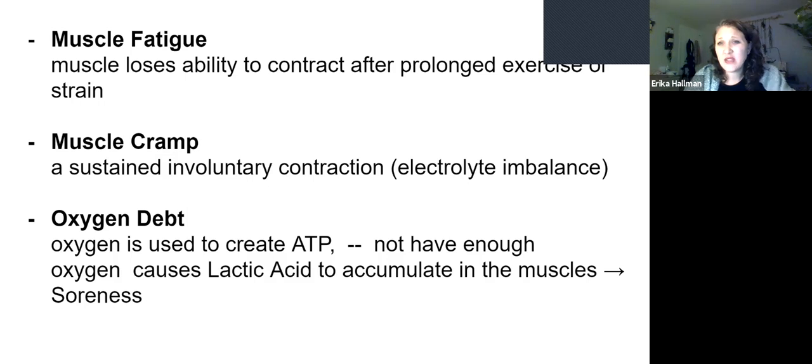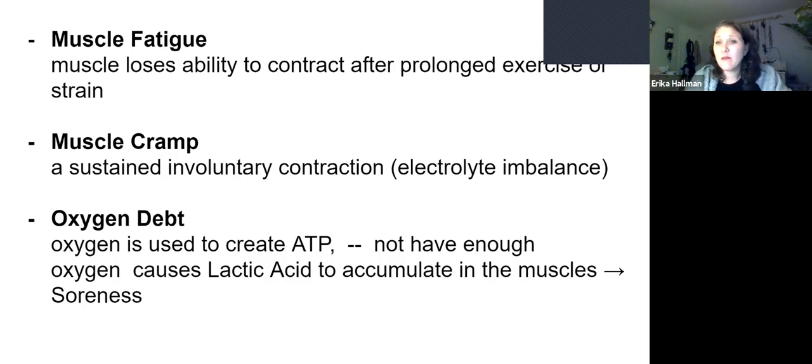When you run out of glucose that's stored in your muscles in the form of glycogen, you're no longer going to have that key ingredient, that key carbohydrate you need to break down for energy. So your muscles aren't going to have as many ATPs available and they're going to feel more tired. They're not going to be able to do as much effort. You usually reach fatigue after prolonged exercise.